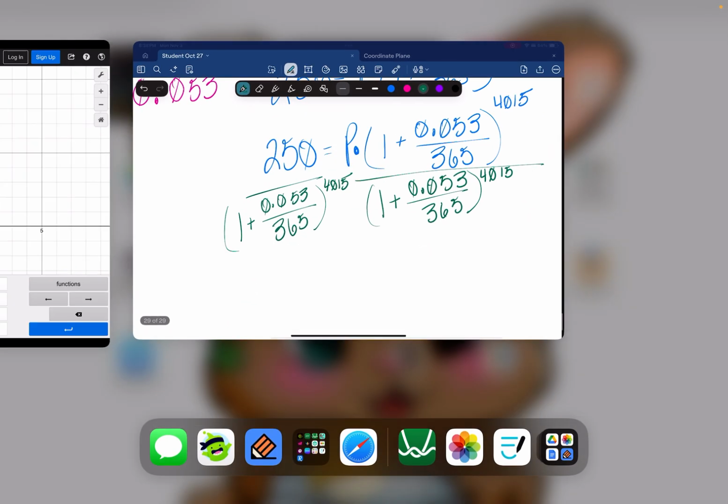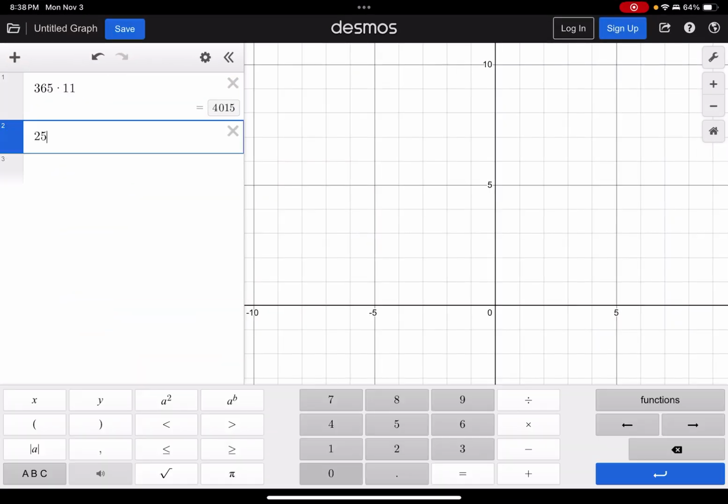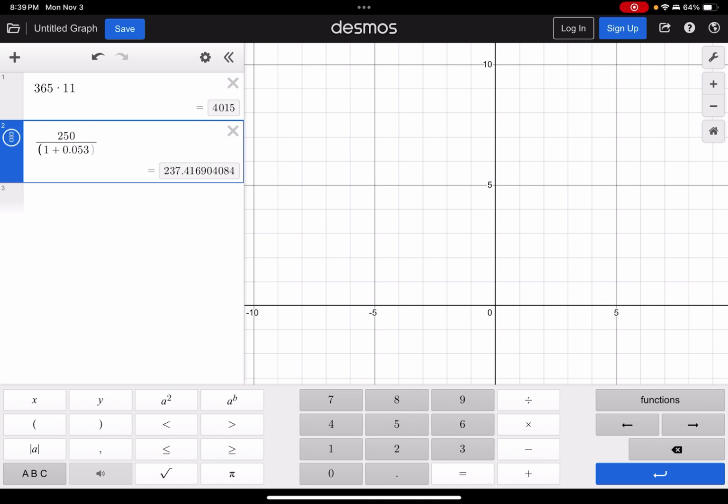All right, so let's type that into the calculator. So 250 divided by 1 plus 0.053 divided by 365, raised to the 4015.